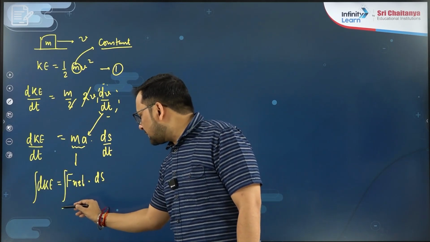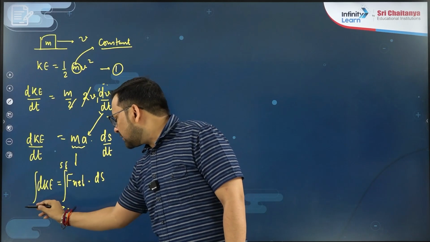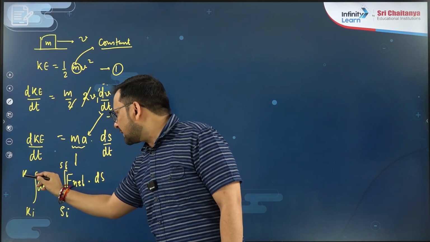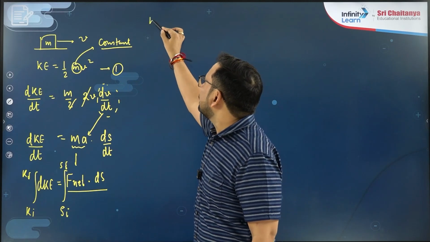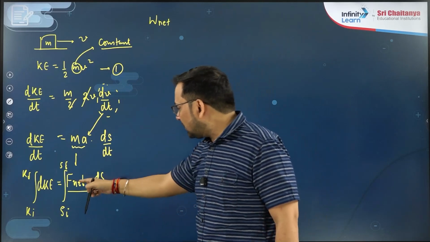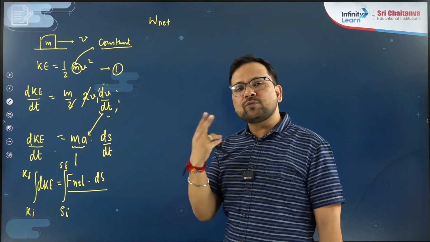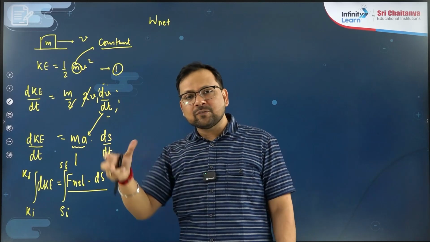If you take the initial position to the final position, and initial kinetic energy to final kinetic energy, then this expression will be the work done, and that work done is due to net force. That's why I told you, due to all the forces, due to net force, two forces are acting, so include the work of the first force plus the work of the second force.